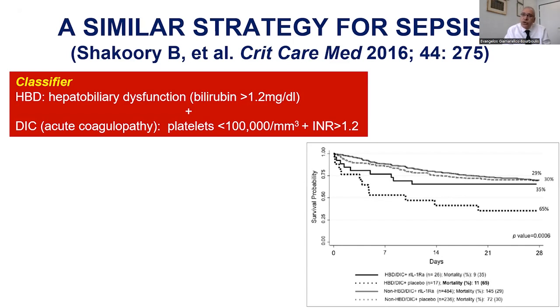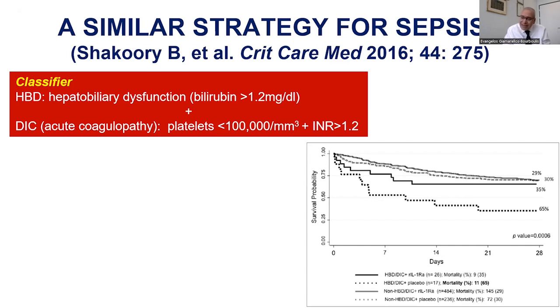In the upper part of the survival curves, we have patients with no evidence of macrophage activation, no impact of anakinra treatment. But you see that the lower, dashed survival curve is of those patients who received placebo but who were suffering from both hepatobiliary dysfunction and DIC, and in them, the overall death rate was 60%.